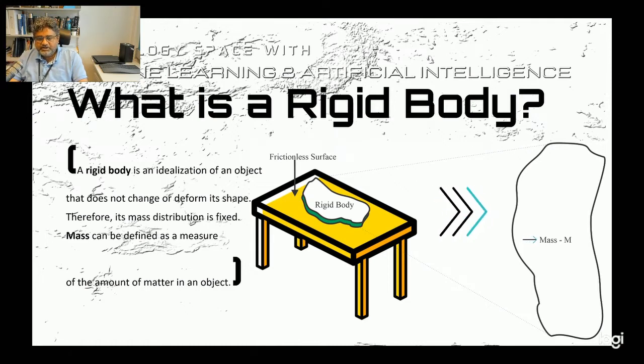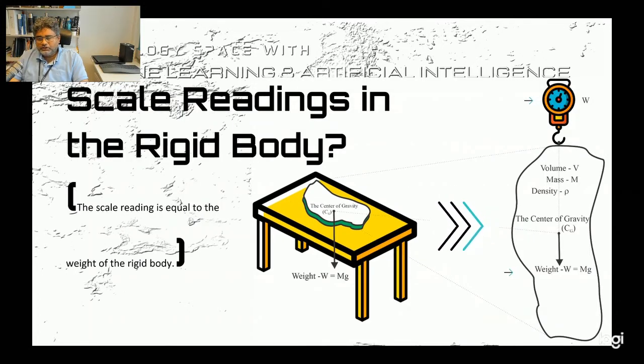The mass can be defined as a measure of the amount of matter in an object. As you may have noted, the mass in this rigid body is denoted by m. If you hold this rigid body against the gravitational field by a scale, the scale reading should show the total weight of the rigid body.